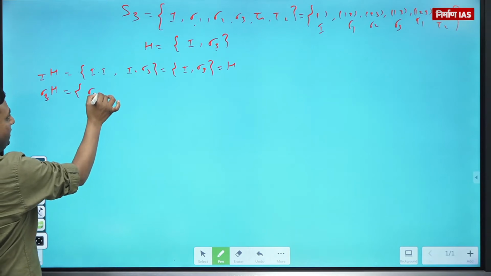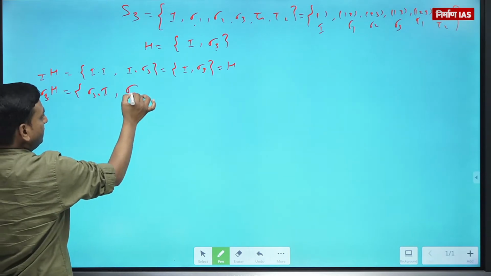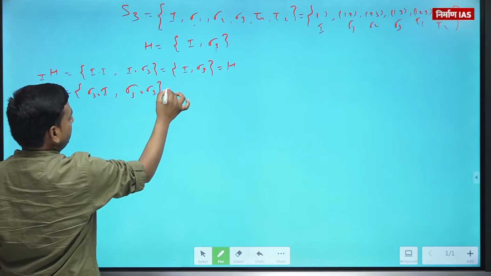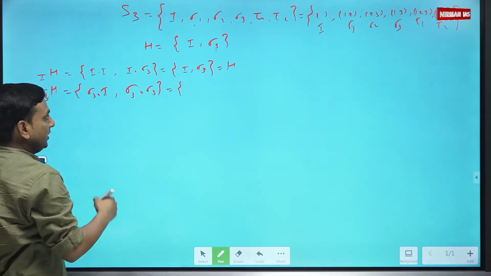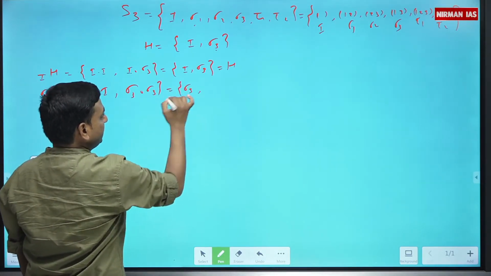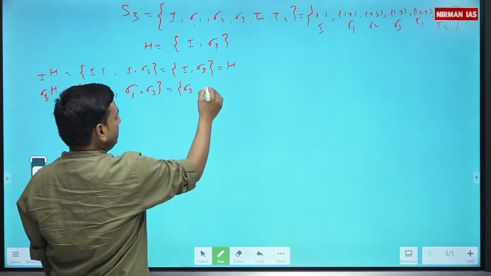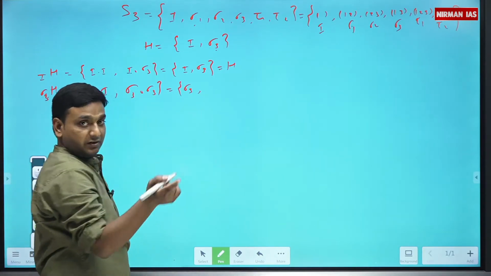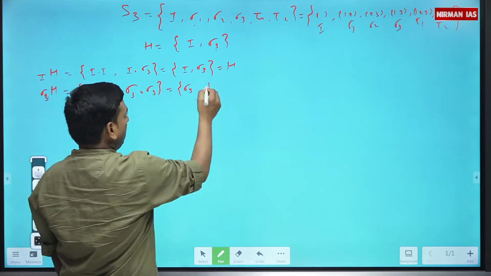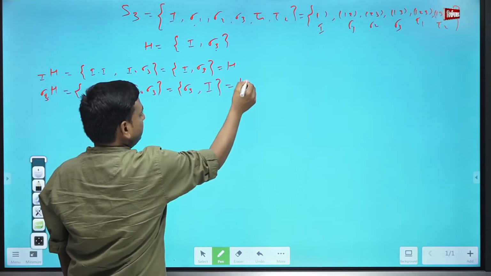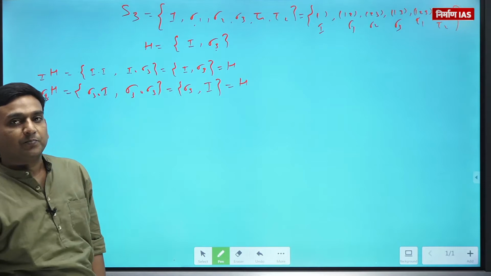So sigma 3 composition I, sigma 3 composition sigma 3. Sigma 3 composition I is nothing but sigma 3, and sigma 3 composition sigma 3 is I, since they are self-inverse elements. Already we have done this. So this is nothing but H itself.